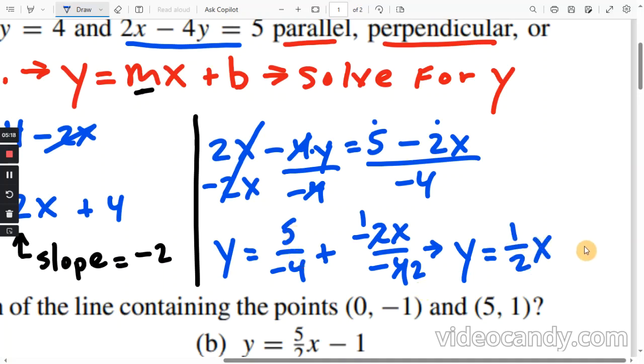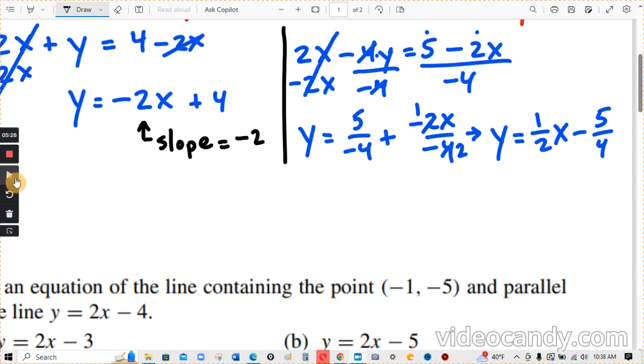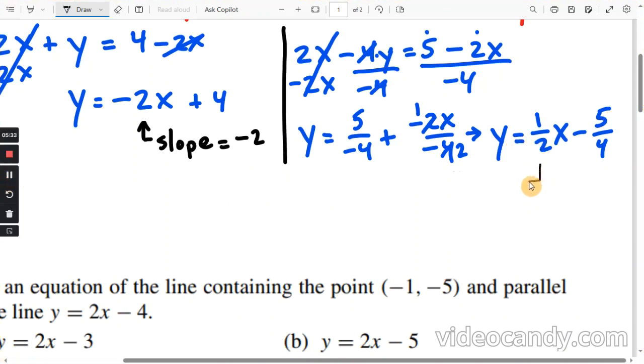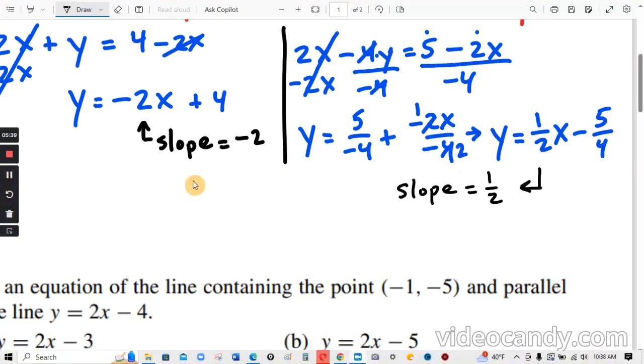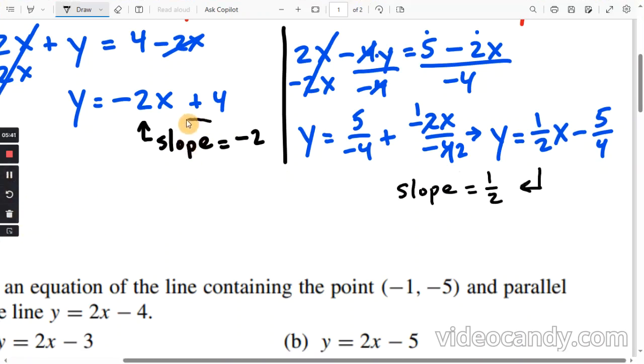And 5 over negative 4 is just negative 5/4. We can see from this equation the number that's multiplied by x, the slope equals 1/2. So we have a slope of negative 2 and a slope of 1/2.